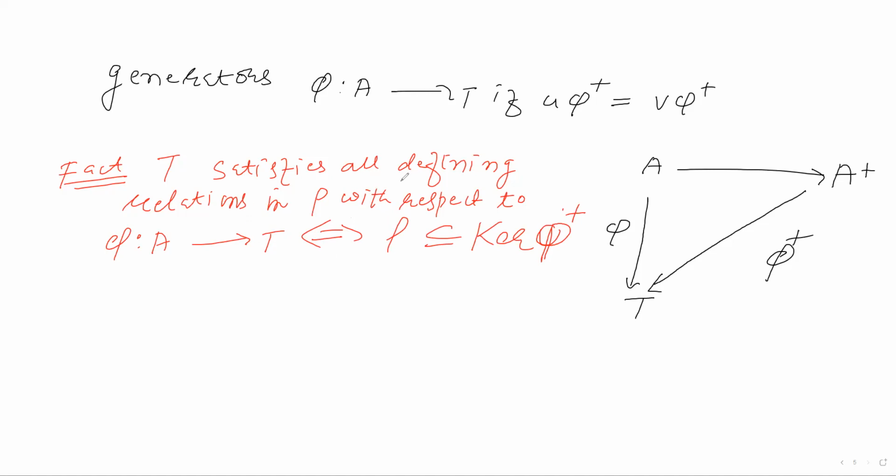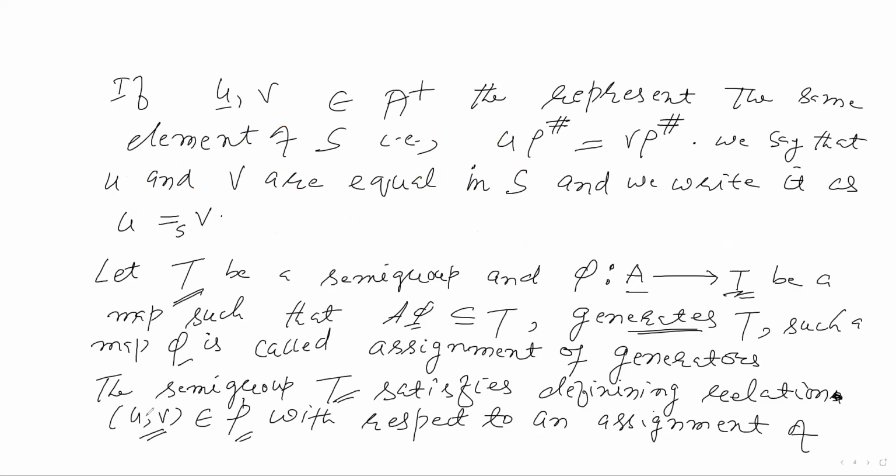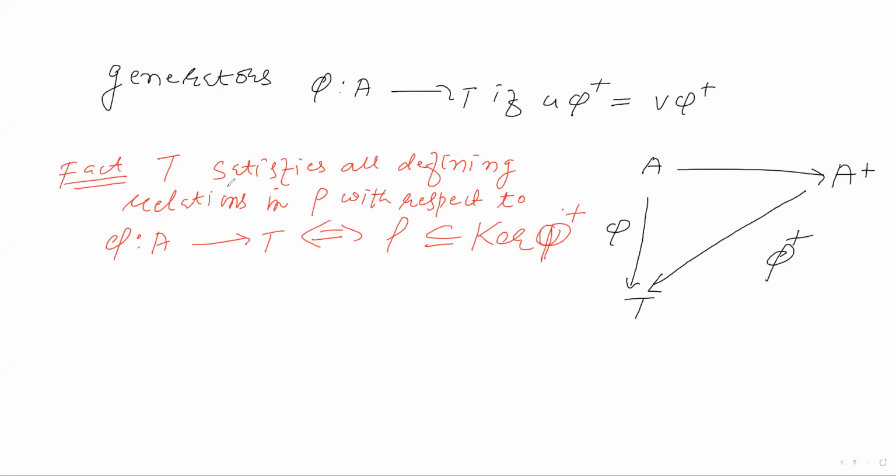T satisfies all defining relations means that for every (u, v) in rho, u phi plus is the same as v phi plus. Whatever pair u comma v I take in this rho, u phi plus is the same as v phi plus.